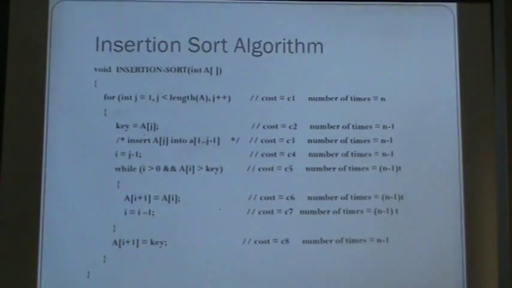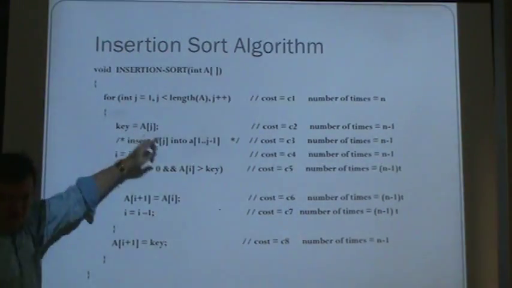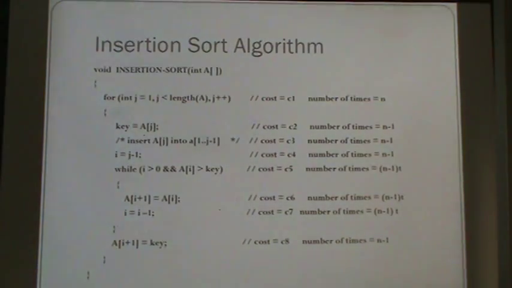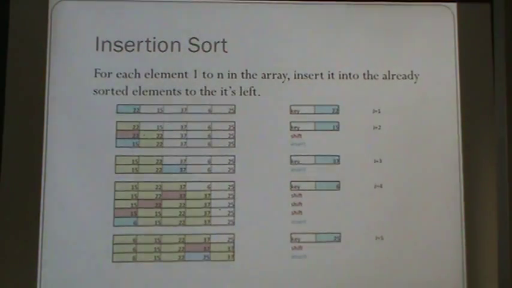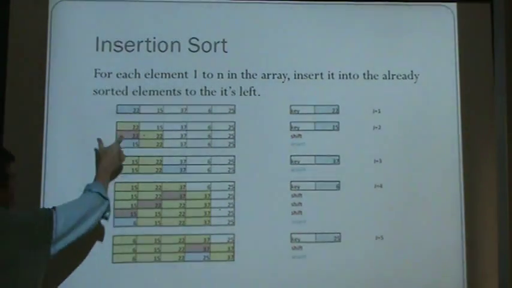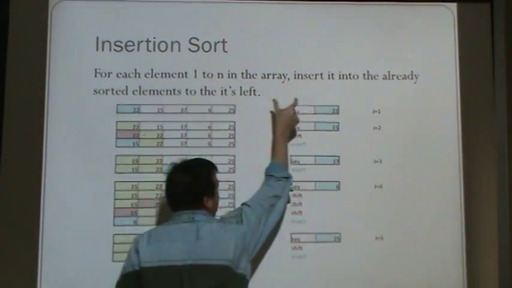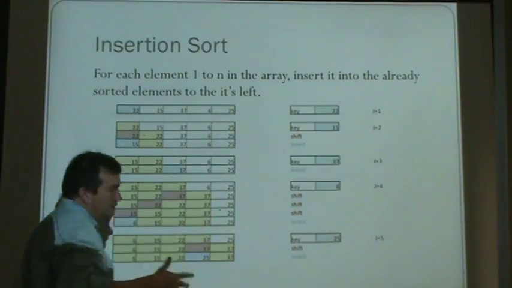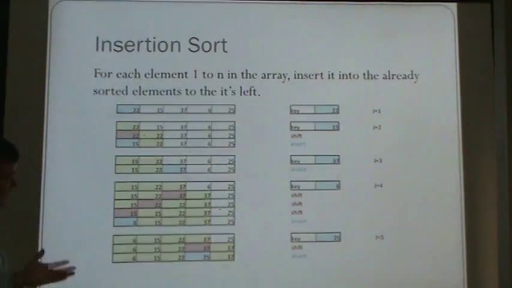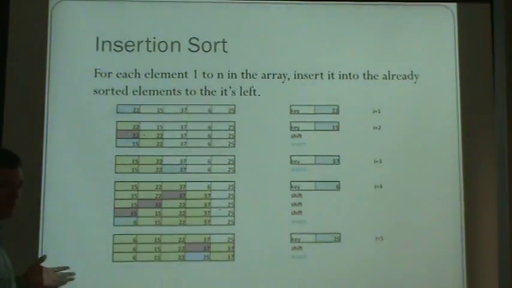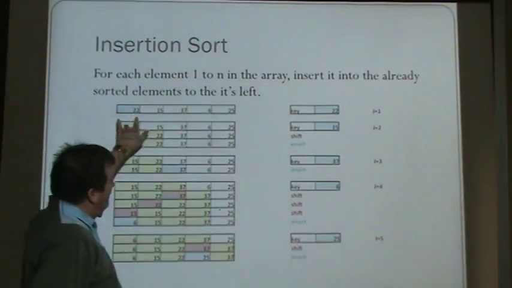So for example, how many times would this line run? How many times do we take an element and copy it into our key area? I don't know why the author of this book called it a key. It should have been called temp, but they call it a key. So we copy it into our temp area.